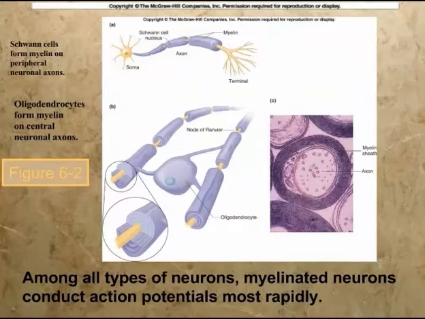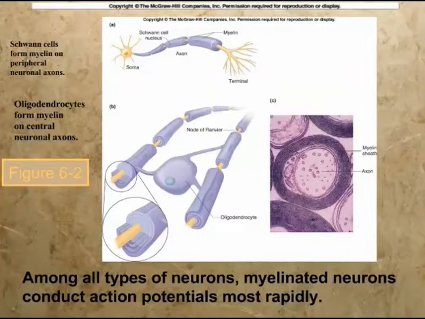The incoming action potential stimulates these ion channels to propagate the action potential to the next node. Thus, the action potential jumps along the axon of the nerve fiber as it's regenerated at each node in a process called saltatory conduction. Along unmyelinated fibers, action potentials move continuously as waves, which is much slower than saltatory conduction.